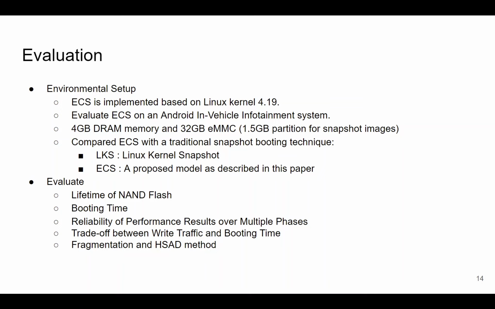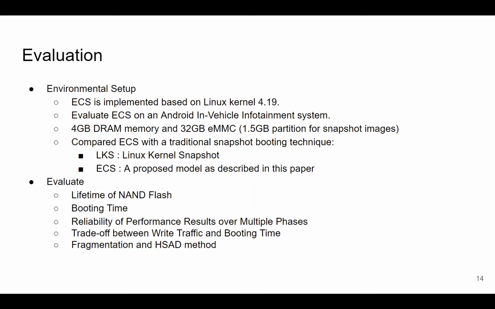We have evaluated ECS on an Android in-vehicle infotainment system. We allocated a 1.5 GB partition of eMMC, which is used to store snapshot images. And we ran suspend and resume on each workload for 10 times.